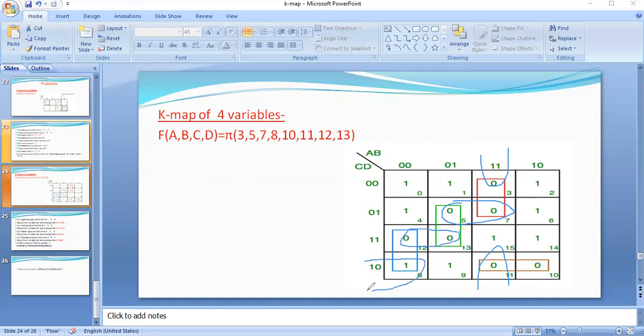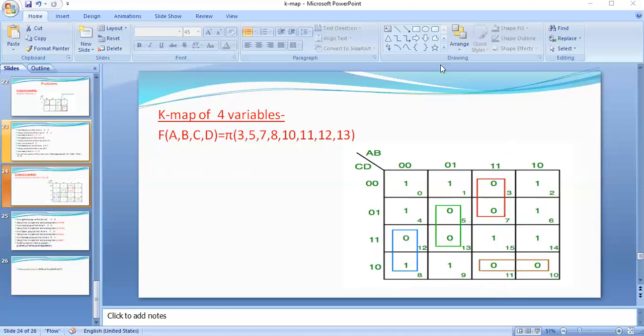Here we have 2 possible expressions. Why? Because we may group 3 with 7 or 3 with 11. If I group 3 with 11, I will group 7 with 5, 13 with 12, 8 with 10. So there are 2 possibilities of minimized expressions.